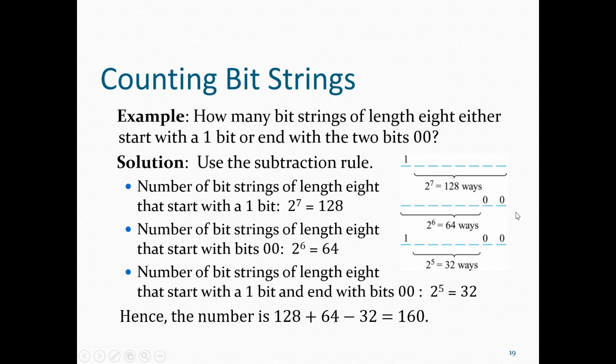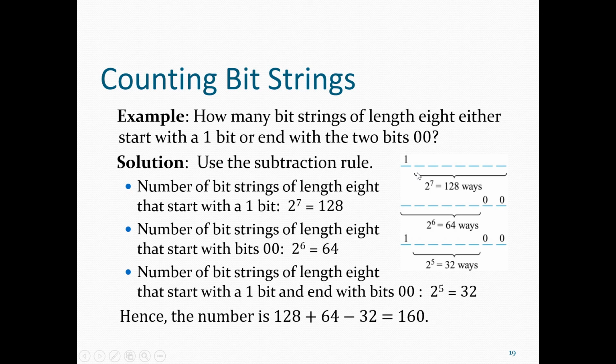Now if the last two are fixed, we have 6 places, and 2 choices for every place, so 2 to the power 6 ways. But there is a possibility of overlapping of one type in the other type.